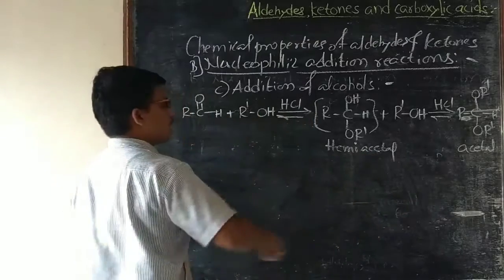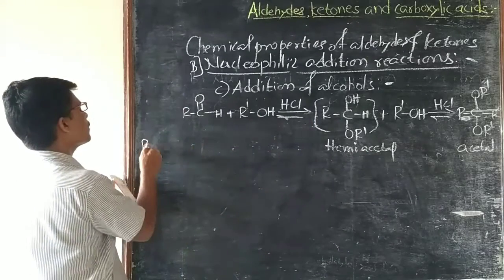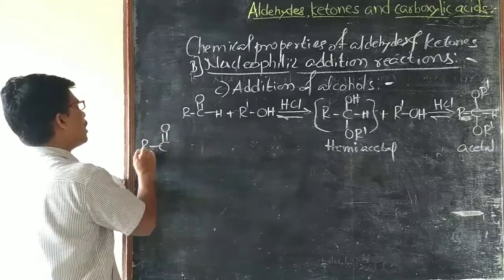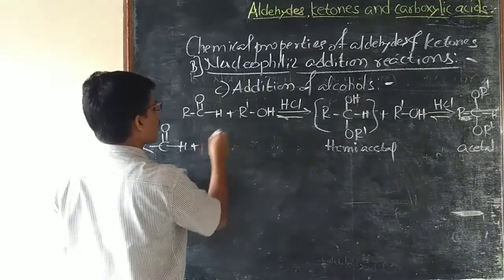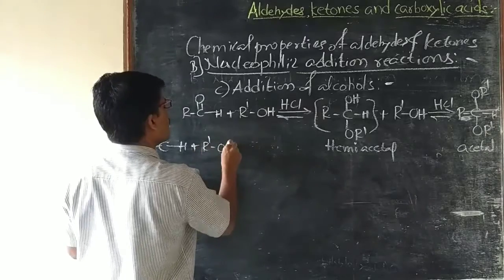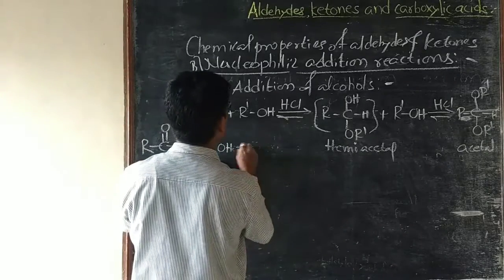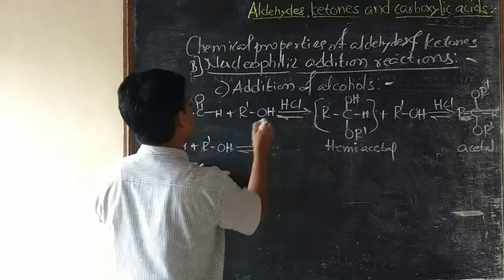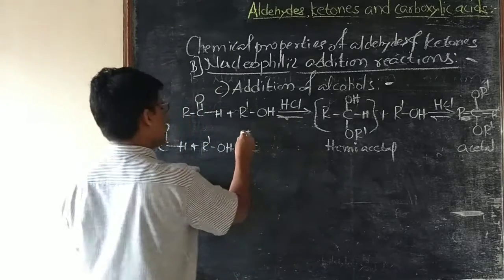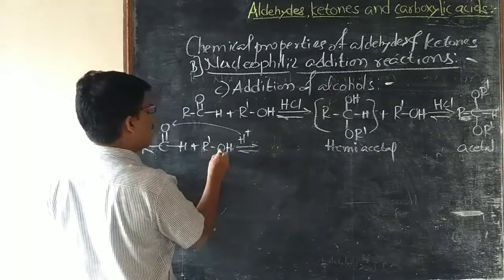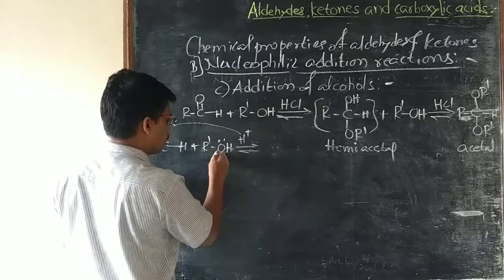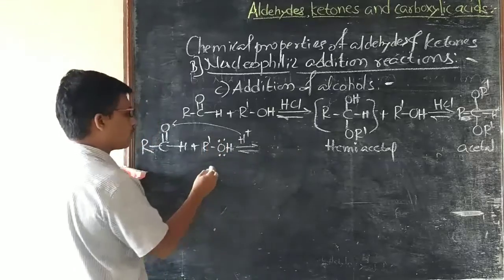We will see how this reaction occurs. Aldehyde reacts with one molecule of anhydrous monohydric alcohol in presence of dry hydrogen chloride, that is H plus. This H plus goes to this carbonyl oxygen, and here on alcohol there are two lone pairs of electrons.